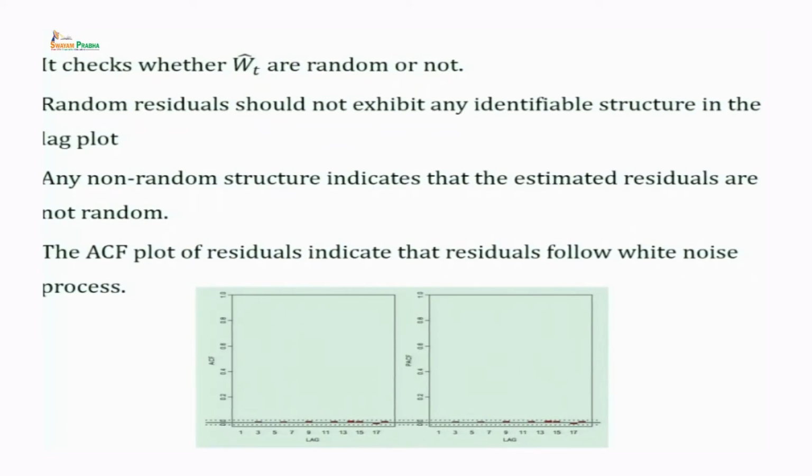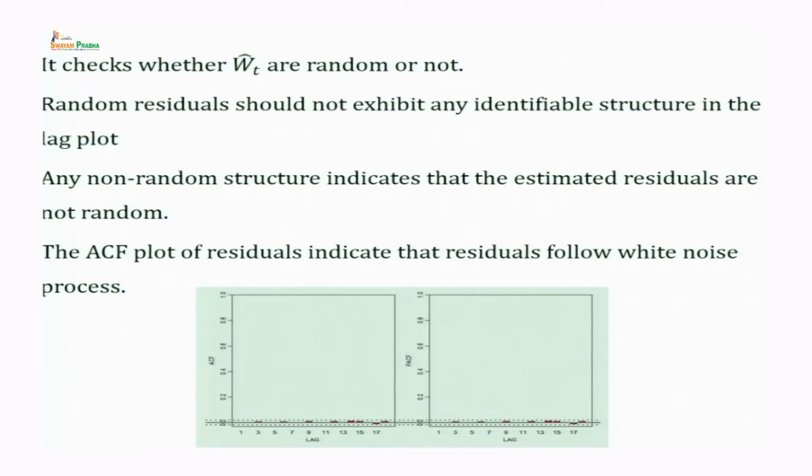So, using this lag plot, it checks whether W hat t are random or not. Random residuals should not exhibit any identifiable structure in the lag plot. You should not have any trend in the lag plot.